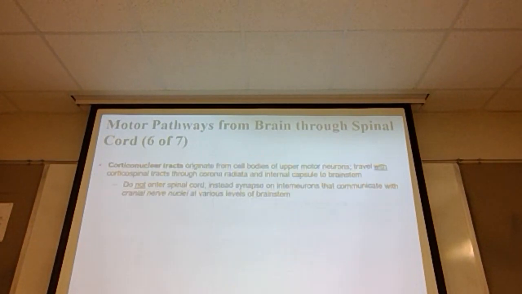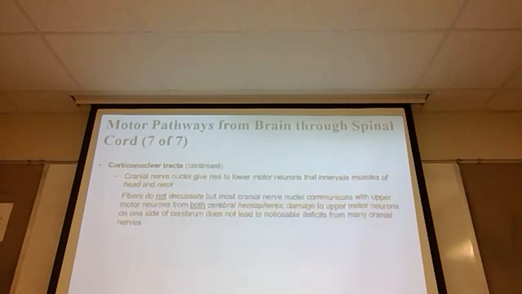The corticonuclear tracts originate from cell bodies of the upper motor neurons. They travel with the corticospinal tracts through the corona radiata and the internal capsule to the brainstem. They do not enter the spinal cord. Instead, they synapse on interneurons that communicate with the cranial nerve nuclei at various levels within the brainstem.